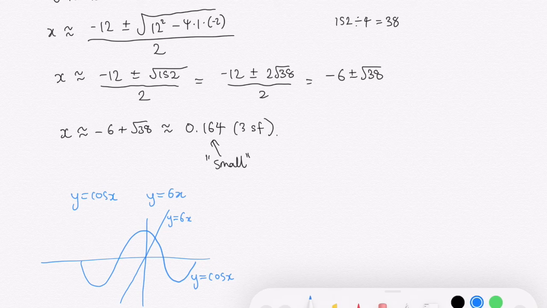And so the x value that we have found is the intersection of these two curves, because that is the solution to the equation cos x equals 6x. So it is the x value here, and we can see that that is a reasonably small x value that is quite close to 0, and we have shown here that that x value is approximately 0.164 radians.